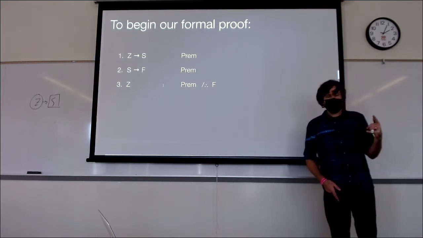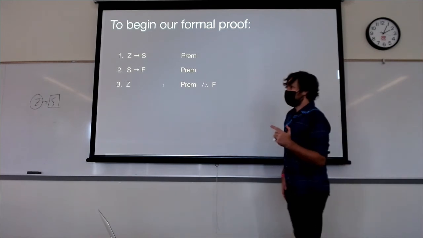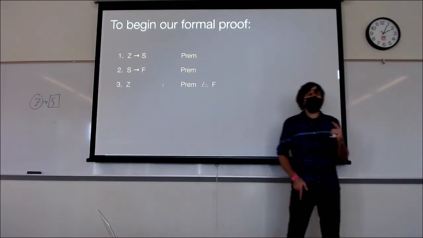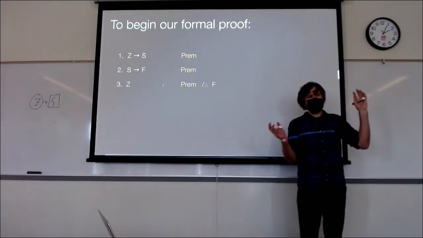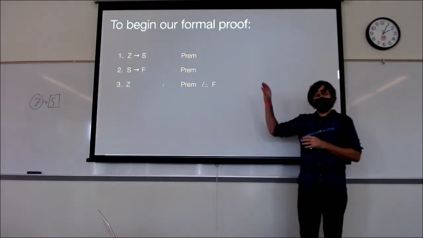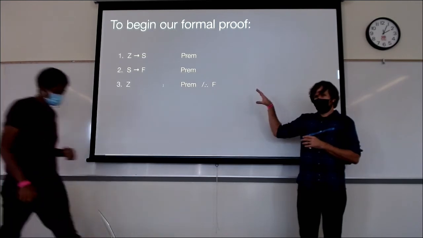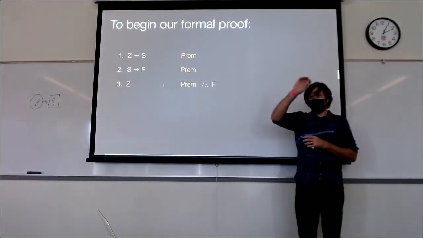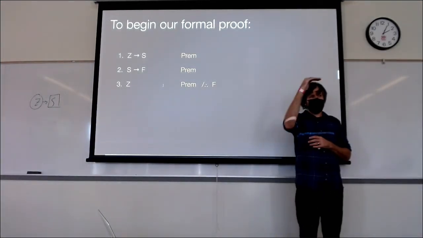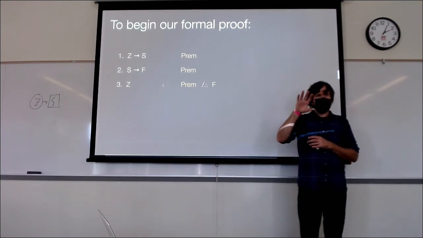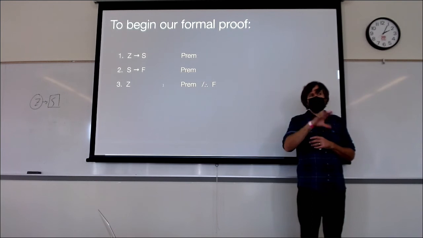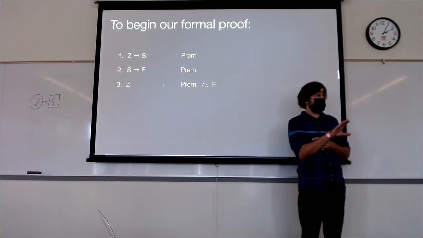But what you do not want to do is skip steps like that, because it can confuse a reader. Don't start combining premises in the start of your proof. The best way to start a proof is to give each of the premises in the argument its own line. If you start combining things logically, you're going to lose your reader in many cases. Don't rush. There's no reason to rush.